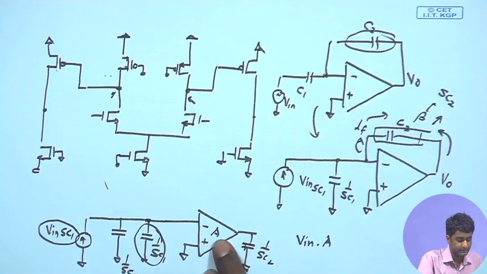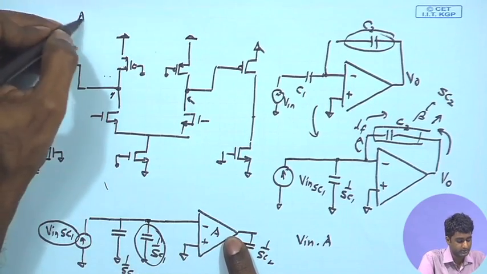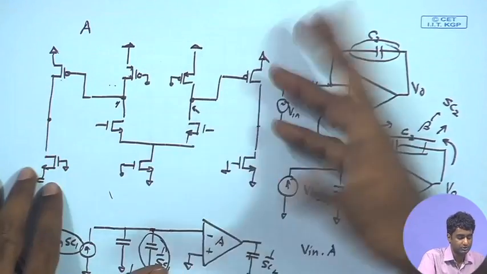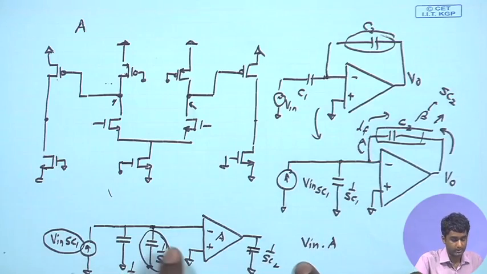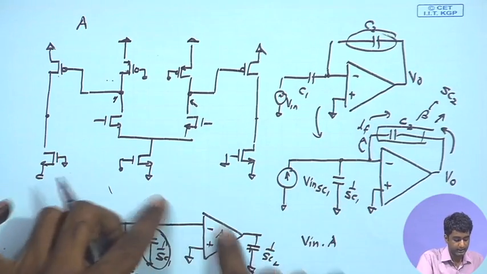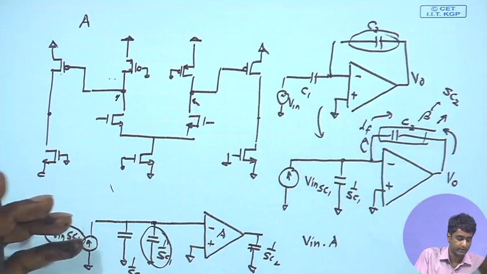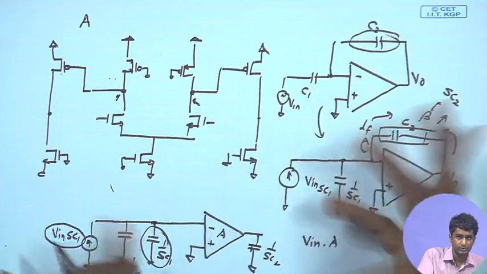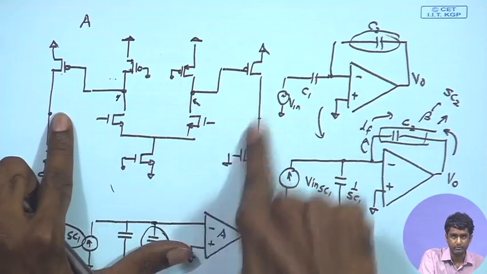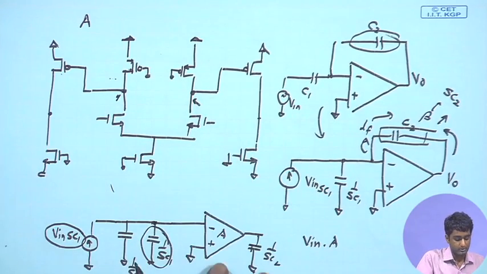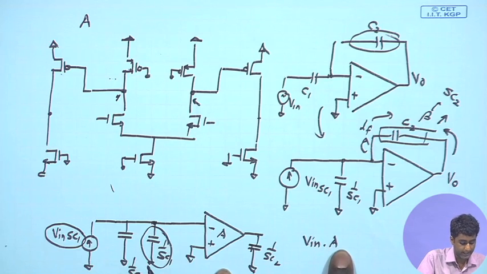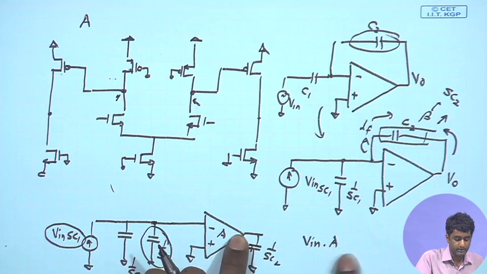We have just seen what is that gain of this amplifier overall, that is GMRO by 2 the whole square, because inherently this amplifier is the voltage to voltage amplifier. So, the gain from this point to the output is anyway the A of this amplifier that we are using. So, that gives us V in times A as the final voltage over here. This is the V out, right.